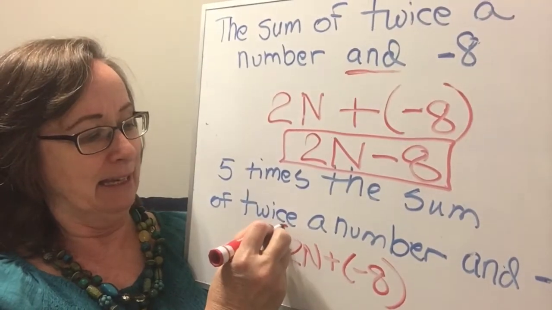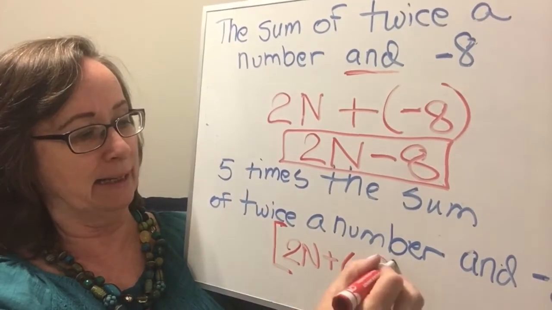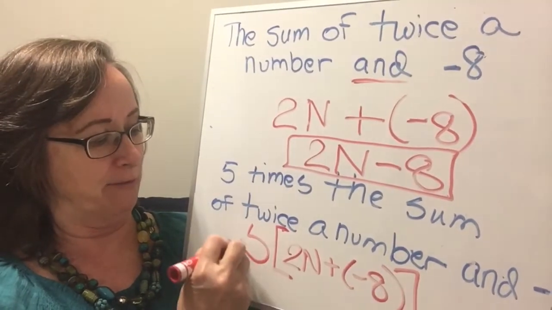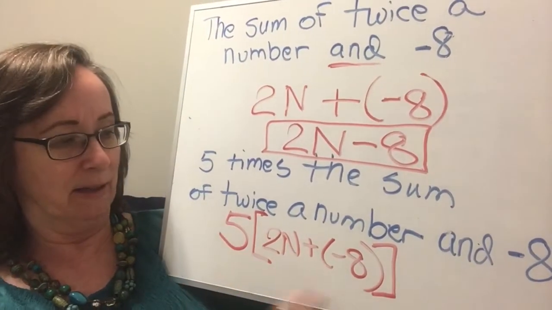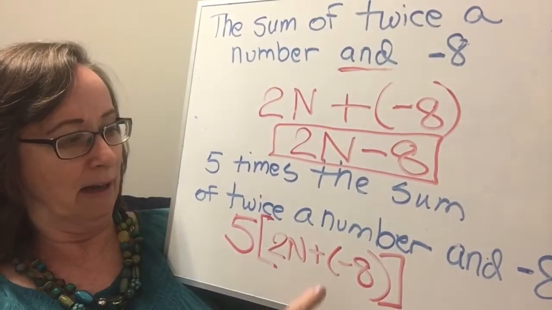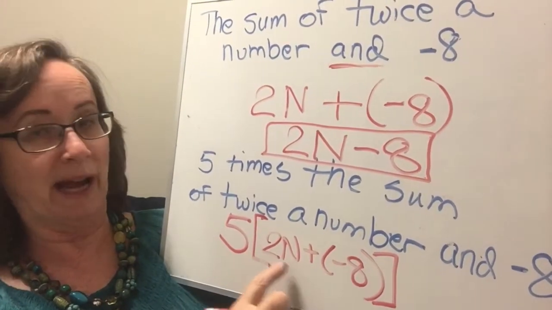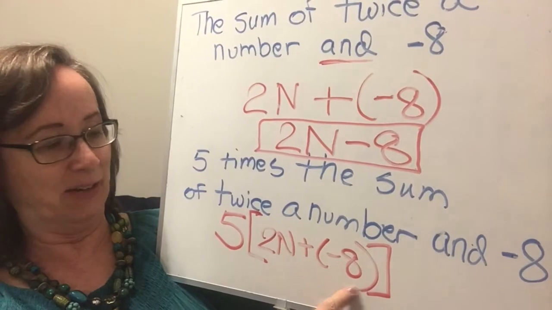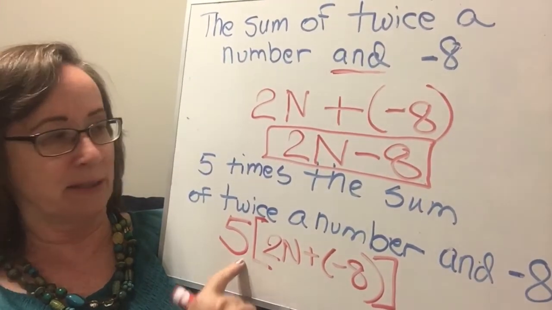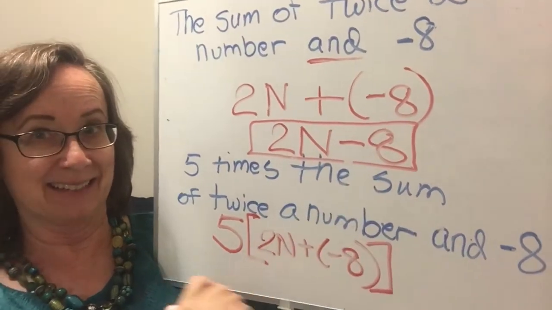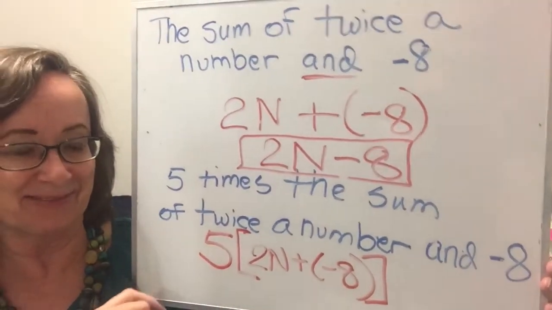And then we're going to put a bracket and a bracket and a 5 times on the outside. 5 times the whole quantity of the sum of twice n and negative 8. So we could also write that as 5 times 2n minus 8. They're both the same thing.